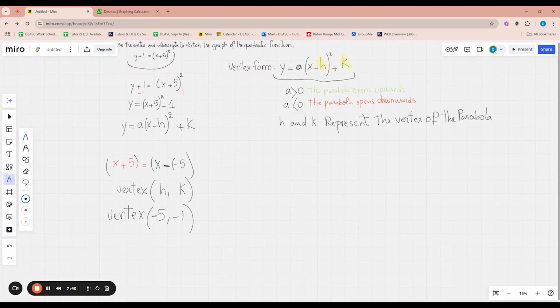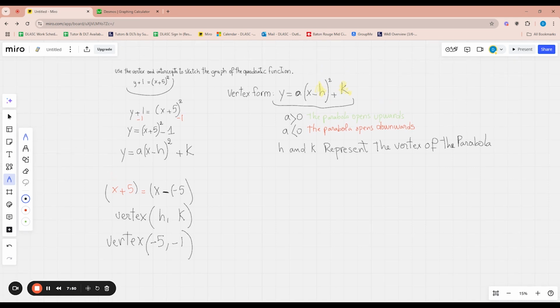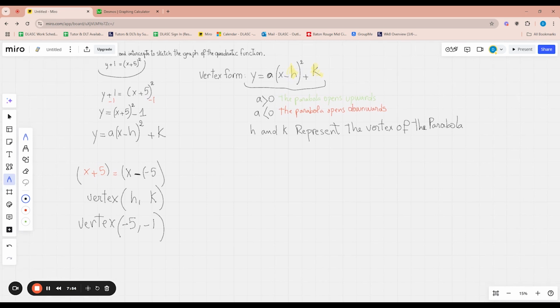So that makes our vertex have the coordinates (-5, -1). Did you see how I got negative 5? Let me rewrite it here in another color and explain.